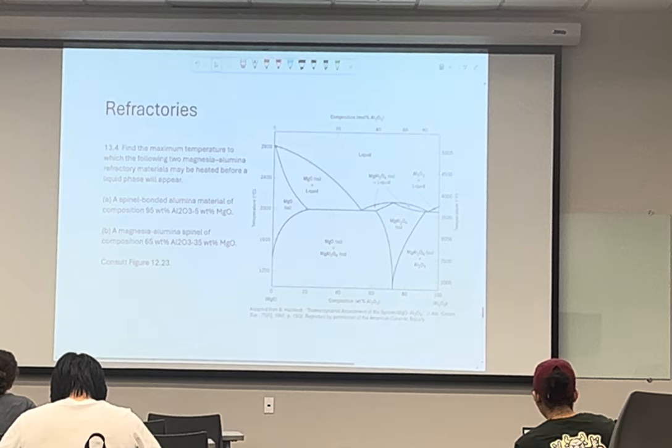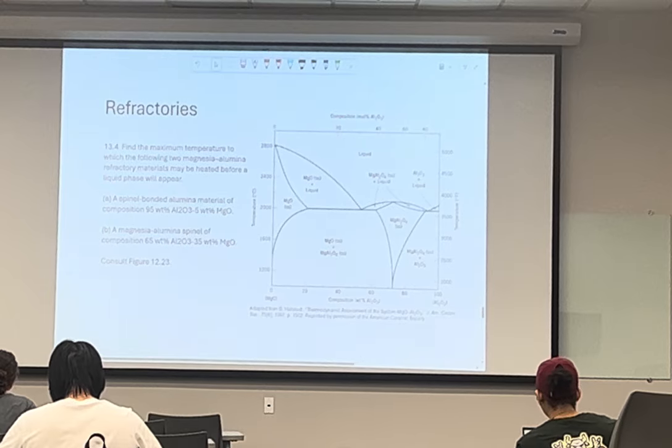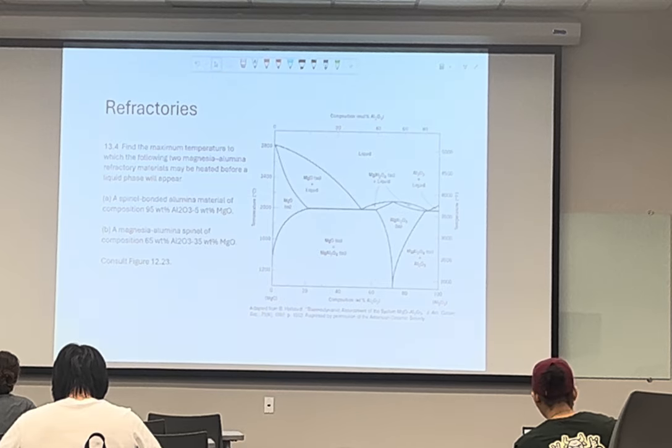So for example, in this question, they want you to find the maximum temperature to which the following two magnesia aluminum refractory materials may be heated before a liquid phase appears.